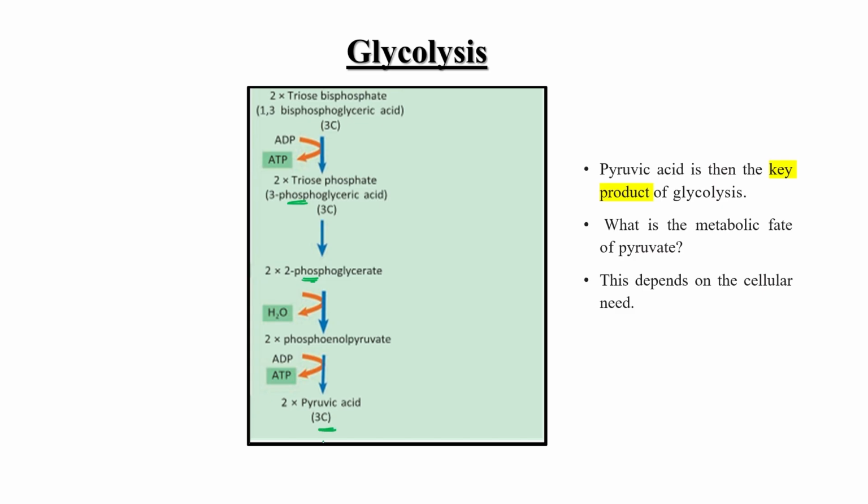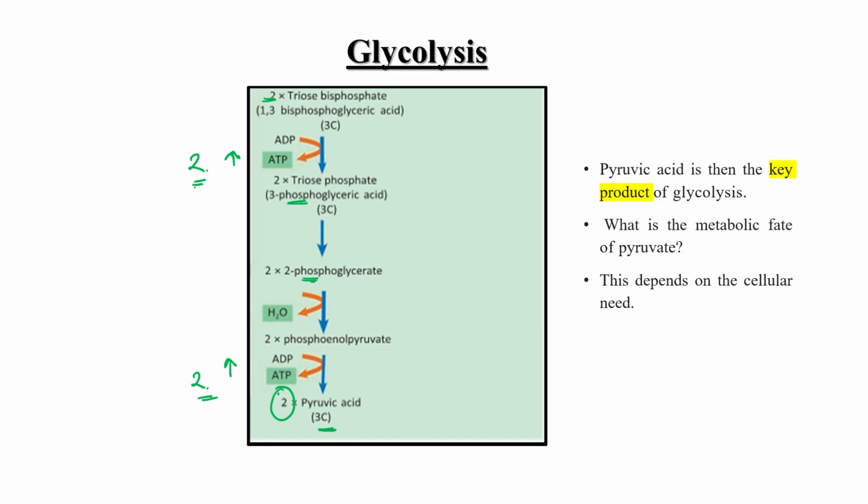So from 1 molecule of glucose, 2 molecules of 3 carbon pyruvic acid have been generated, and in this process 1 ATP has been produced in this step, and 1 ATP in this step, and this is for 2, means 2 ATP have been produced on this step, 2 ATP on this step.